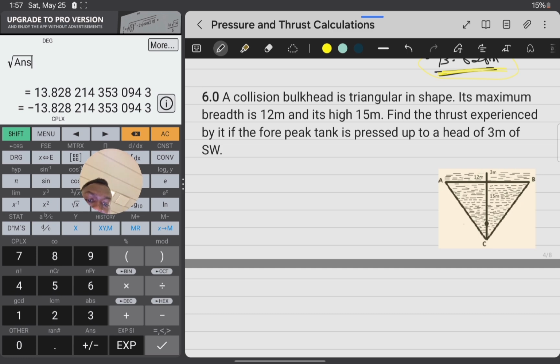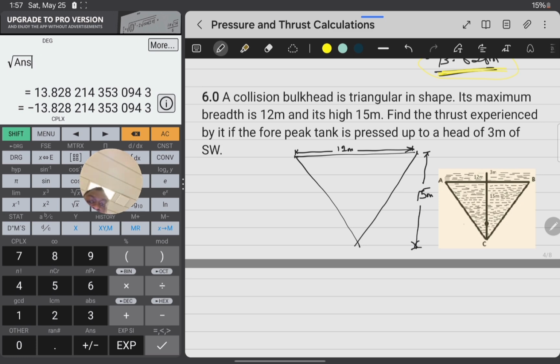A collision bulkhead is triangular in shape. Its maximum breadth is 12 meters. I'm just going to draw this again. The breadth, which is this end, is 12 meters, and its height is 15 meters.